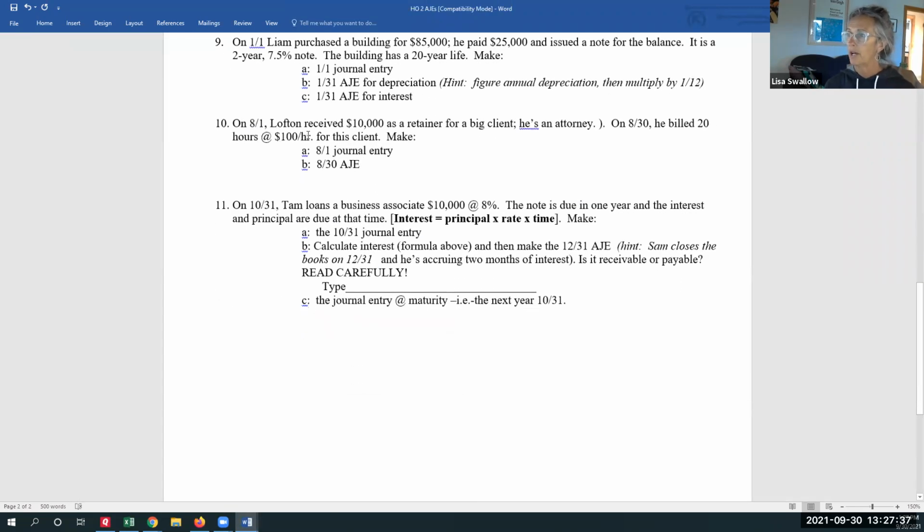Okay. And let's take a look at the next one. So on 8/1, Lofton received $10,000 as a retainer for a big client. He's an attorney. I don't know what this means. So I've just said to him, hey, I want you to work for me. And he's like, you've got to give me $10,000 down. Okay, has he earned anything at this point?